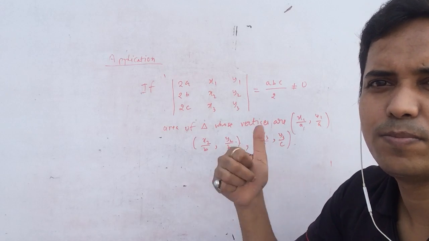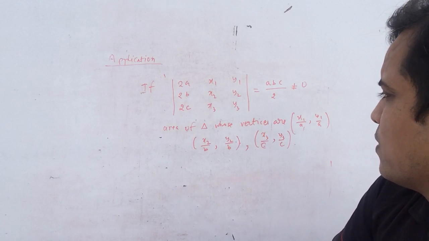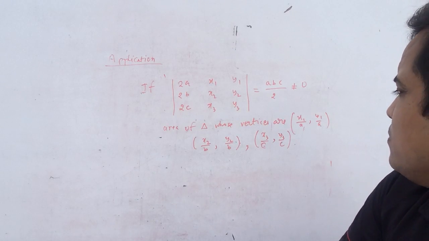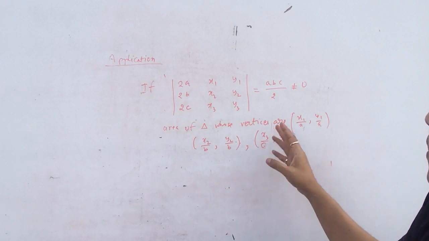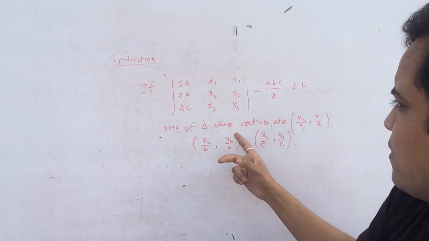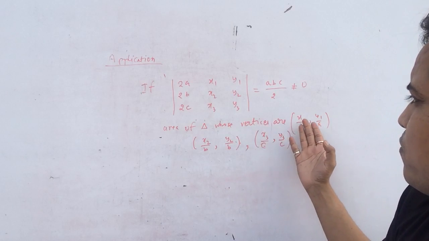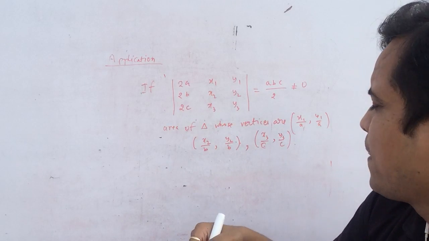If you want to solve this question, pause your video and try to solve. So here we need to find the area, so we have the formula that whenever you have the vertices of a triangle, you can apply the formula.